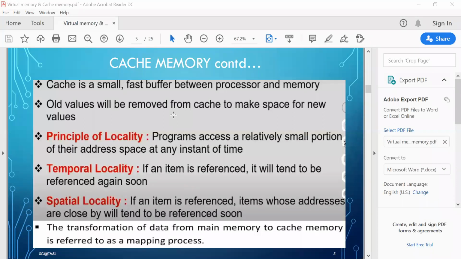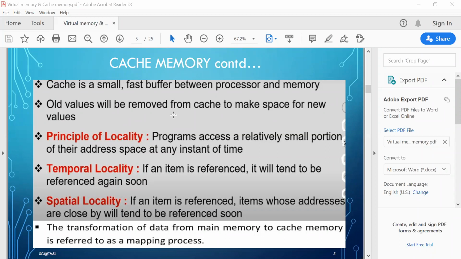That means a few instructions in a localized area are executed repeatedly for some time duration, and other instructions are accessed infrequently.